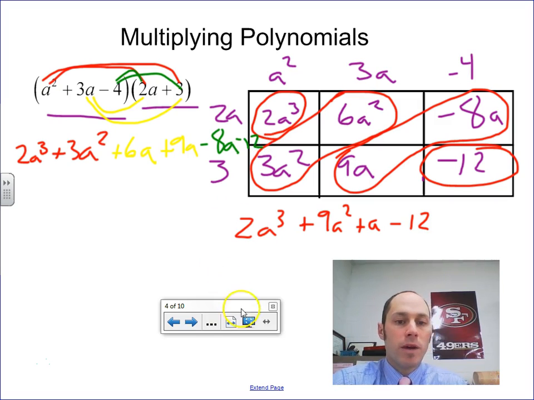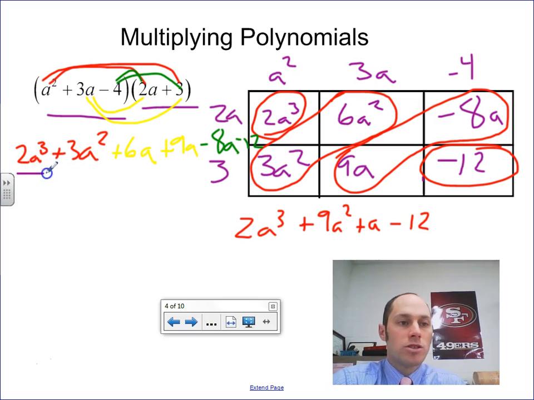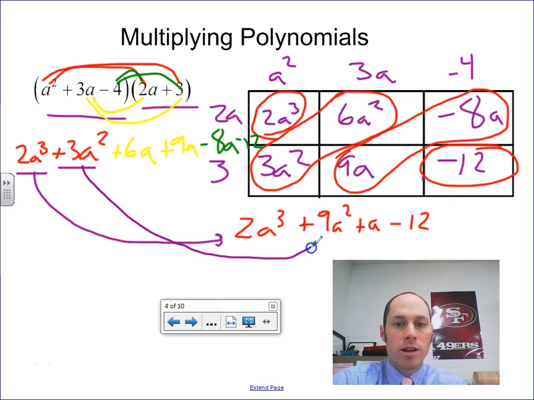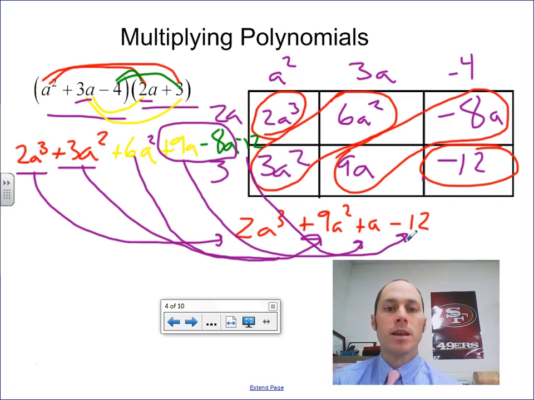And then it's just a matter of combining like terms. So we'd have to take a look at what terms we have. The 2a to the third, plus 3a squared. Did I forget a squared in there somewhere? Yeah, 3a times 2a should be 6a squared. So those combine. And my 9a and my minus 8a combine. Minus 12. So we're applying what we did with adding and subtracting polynomials the other day.